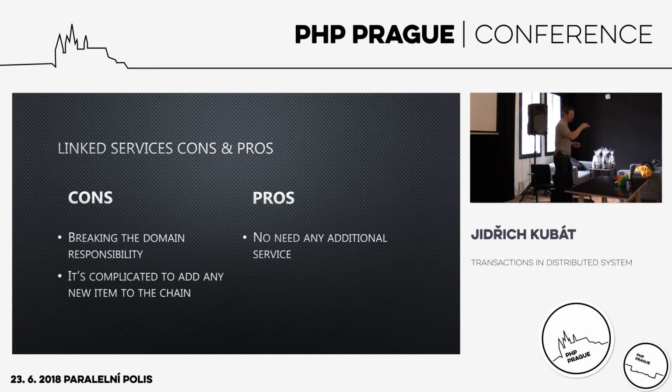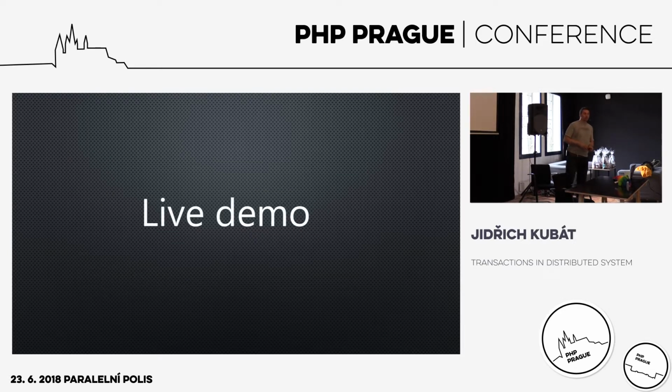It's only in one function, for example. Another is that it's pretty easy to add a new service. The con is that it's a new service in our system that's critical for our transaction, so it's a single point of failure, and we have to deal with the fact that someday it fails.